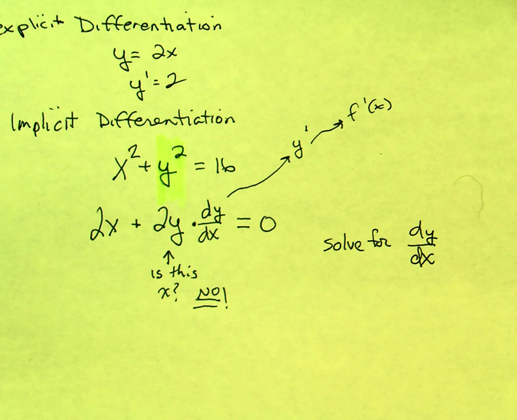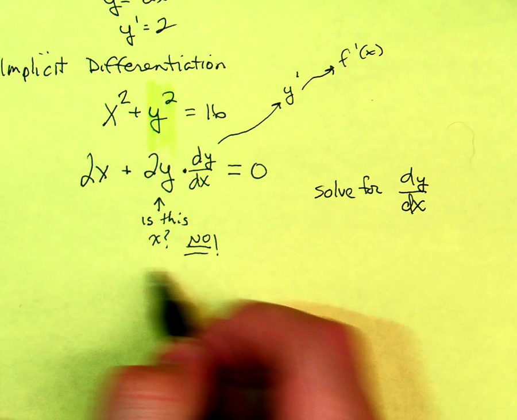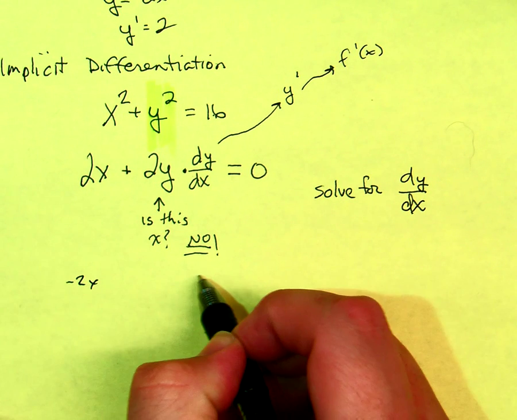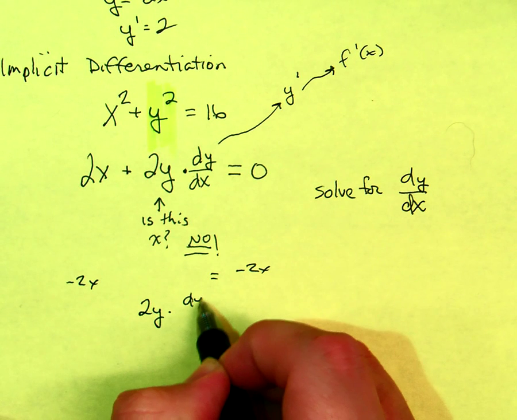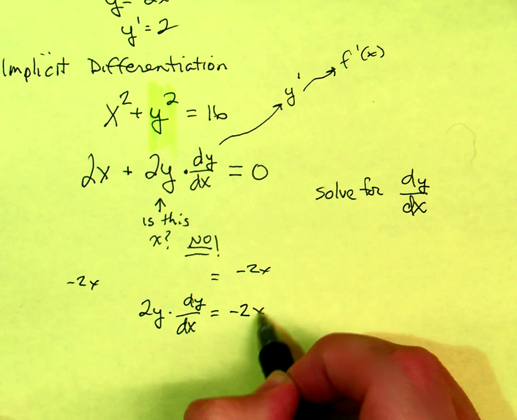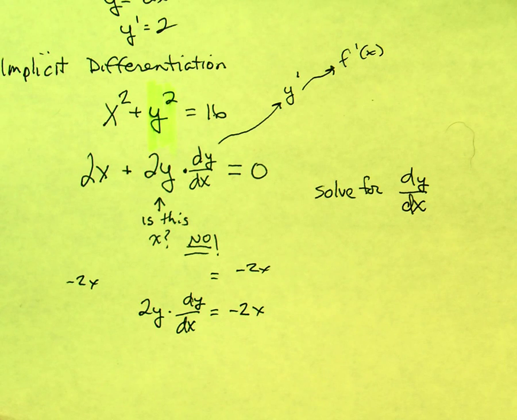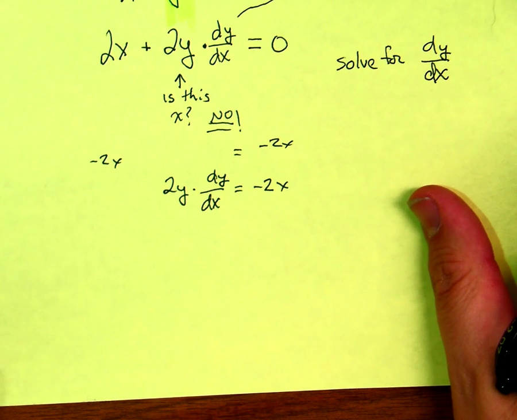So, how do you do this? What's the first thing we do? Yeah, subtract 2x from both sides. You'll get 2y times dy dx is equal to negative 2x. Now what? Divide by 2y.